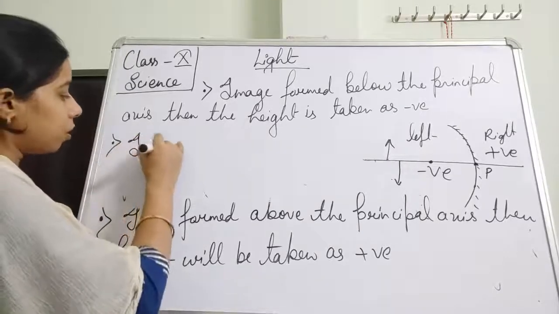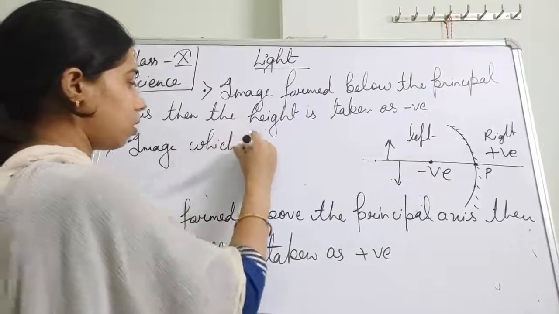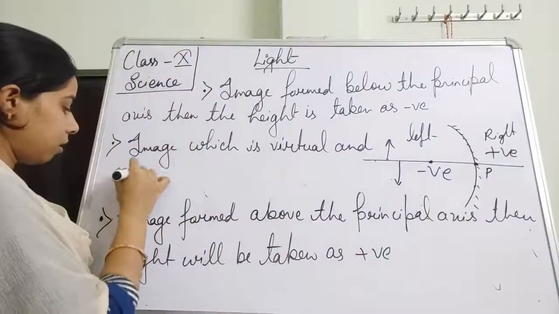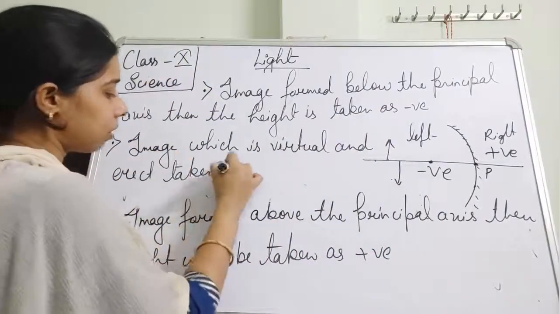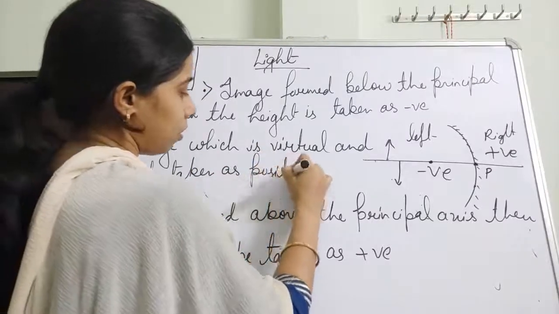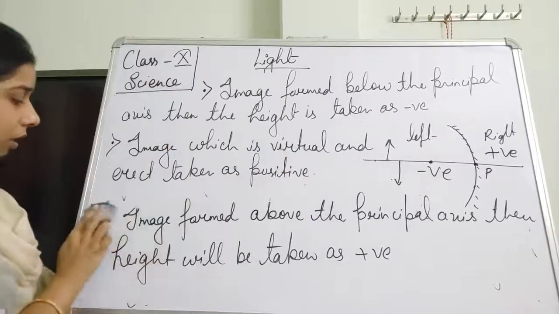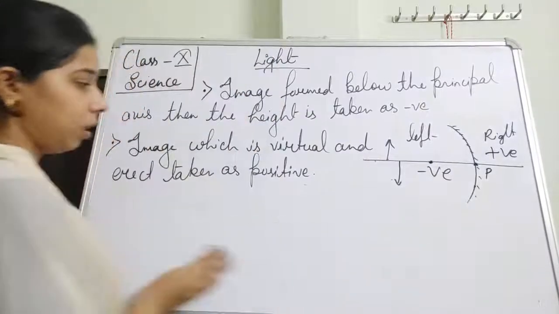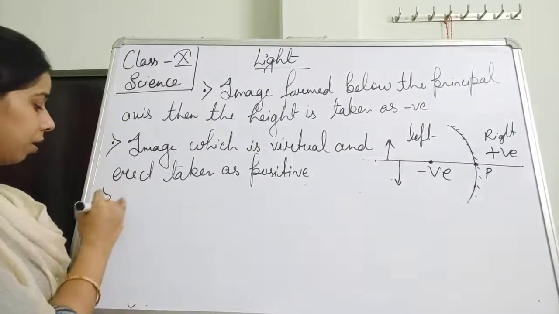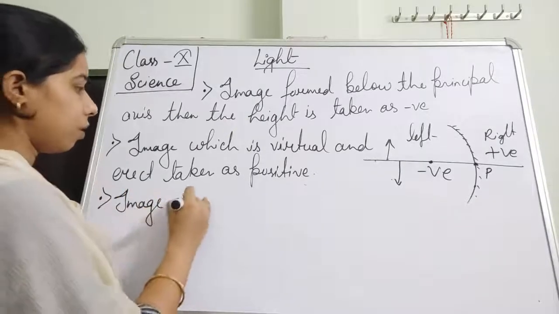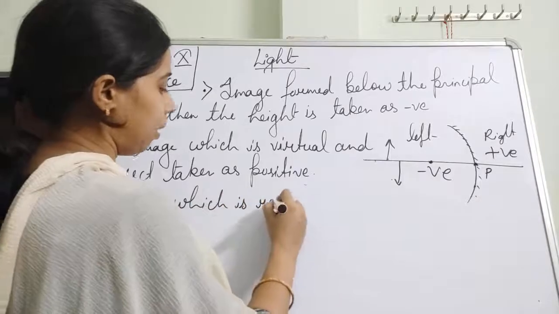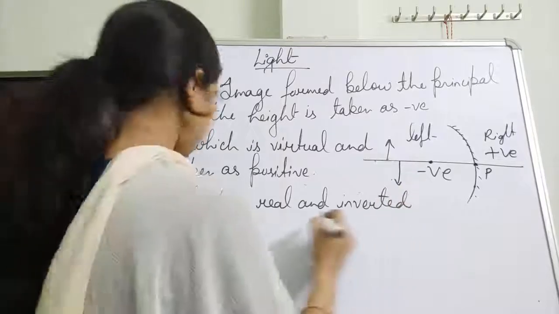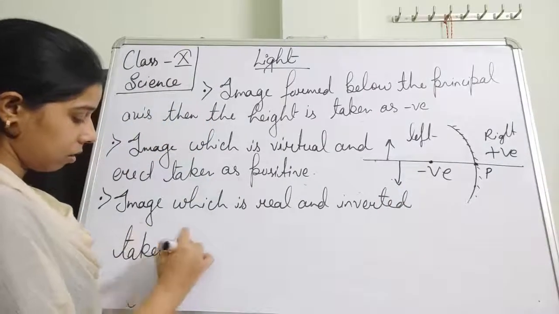So an image which is virtual and erect is taken as positive, while an image which is real and inverted is taken as negative.